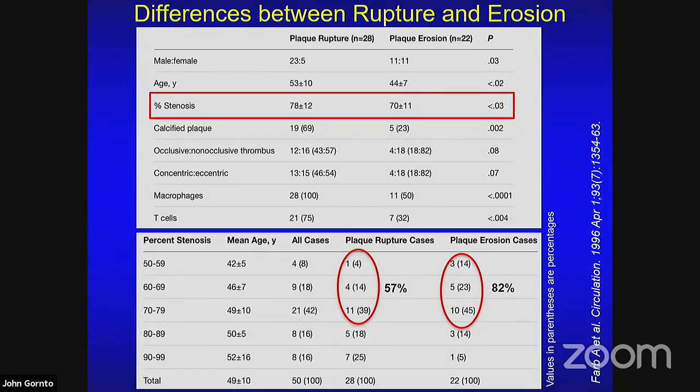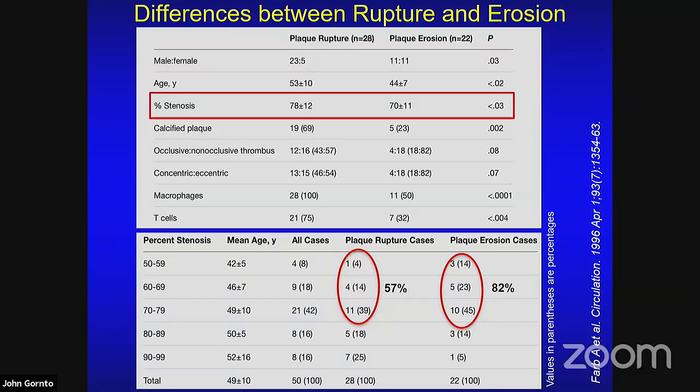So what we've done is looked at percent narrowing in plaque rupture and plaque erosion. We can show you very nicely that ruptured plaques are more narrowed as compared to plaque erosions, which are less severely narrowed.